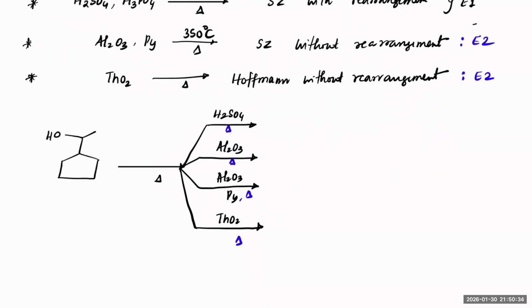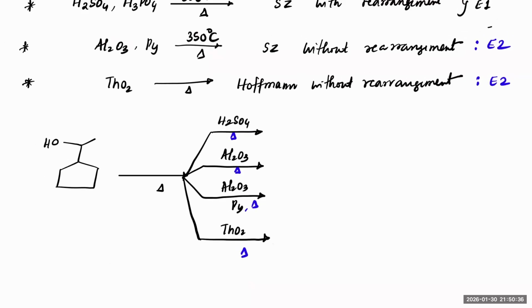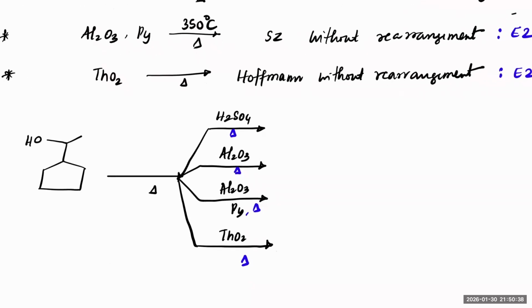So let me show you with this example here. For example, in the case of H2SO4, it will follow E1 mechanism. So hence, you will have a carbocation here. From that carbocation, the ring expansion can take place. So that will give you this way with positive charge here, correct?